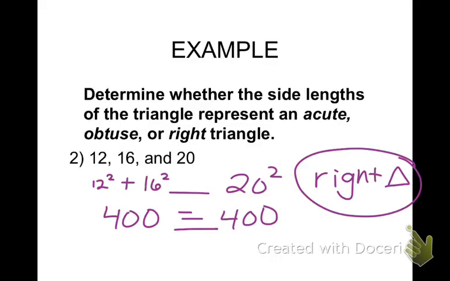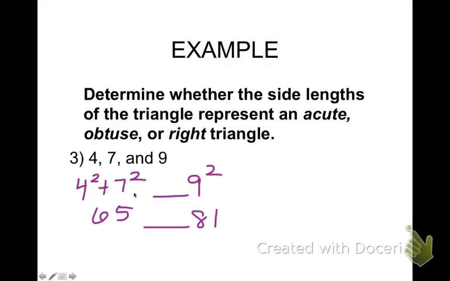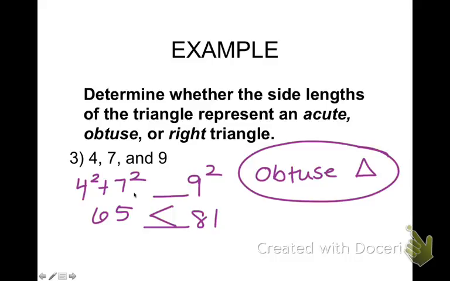And the last one, gentlemen, we have 4 squared plus 7 squared. I'm just typing it into my calculator, and it gets us 65. What is 9 squared? 81. So my c squared is larger, so that means it's going to be obtuse. Questions?